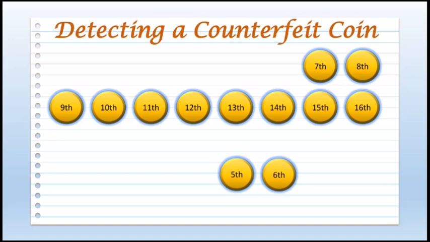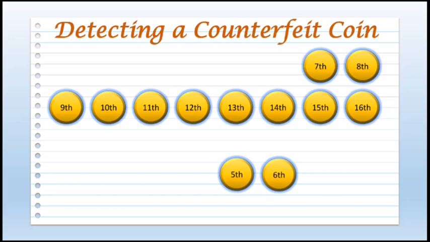So in the worst case, we have to make 8 comparisons to check whether a counterfeit coin is present or not. That means if the counterfeit coin is either the 15th coin or the 16th coin, then we require 8 comparisons, and even if there is no counterfeit coin in the bag, we still require 8 comparisons to find that out.